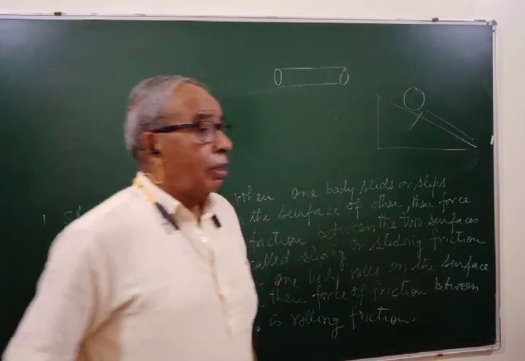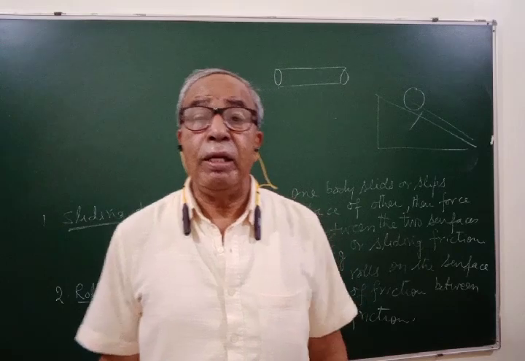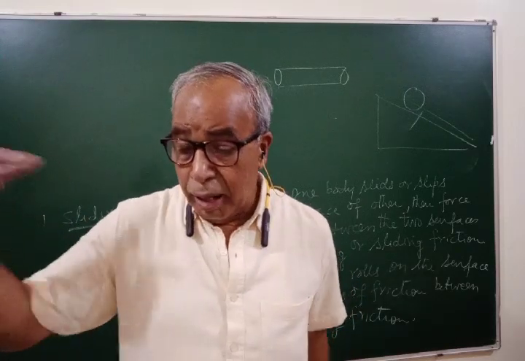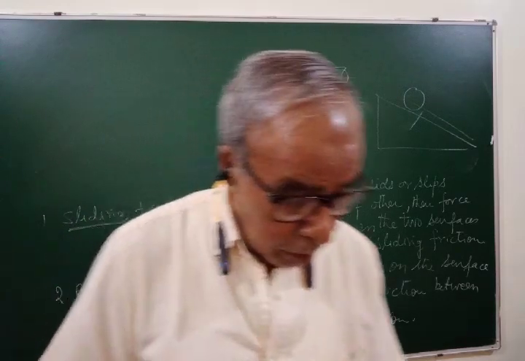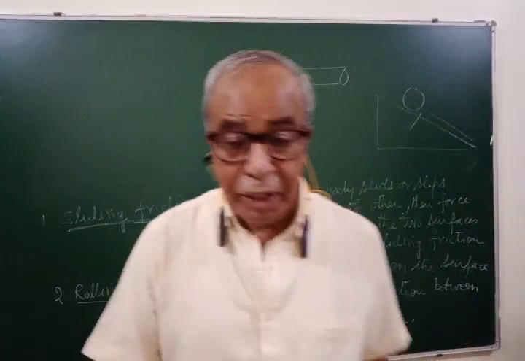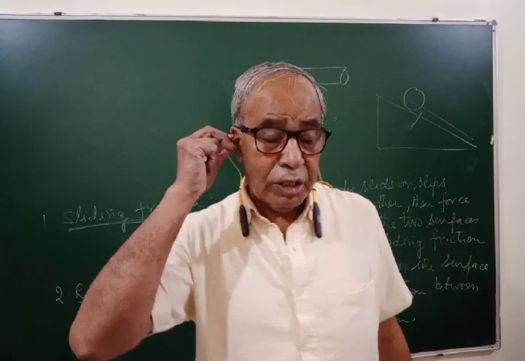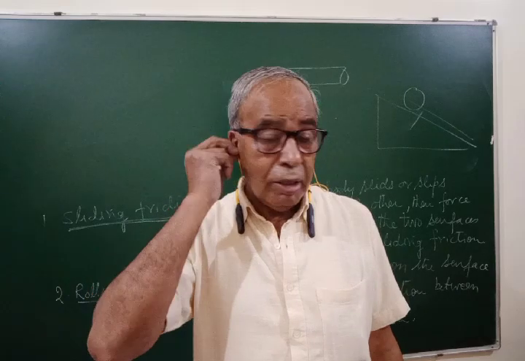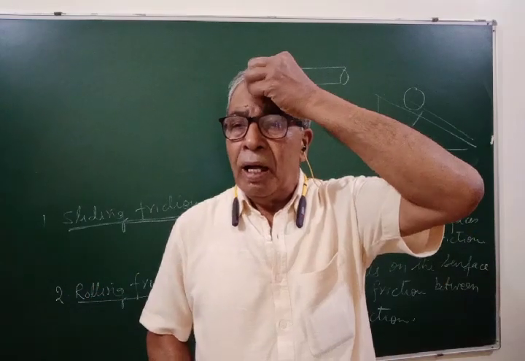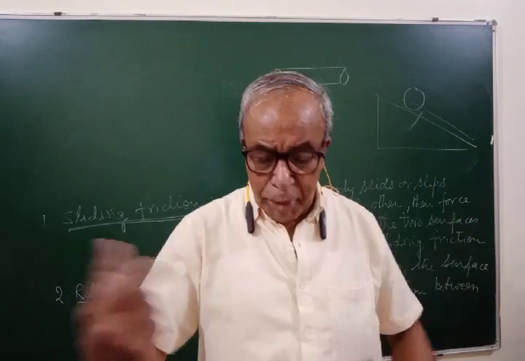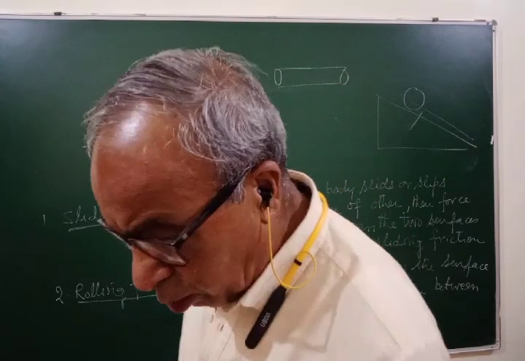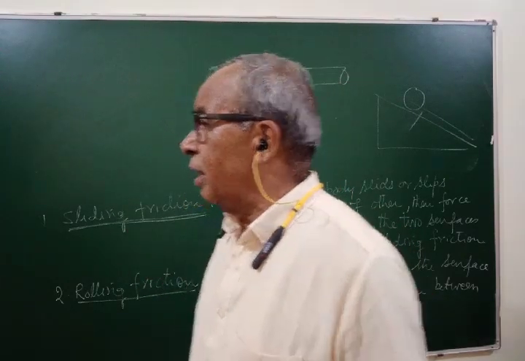Then the wheel was discovered. Actually, every vehicle is on wheels, तो wheel roll करते हैं on the road or on any surface, so that rolling friction is very small. In coming topics we will learn much more about sliding friction and rolling friction.